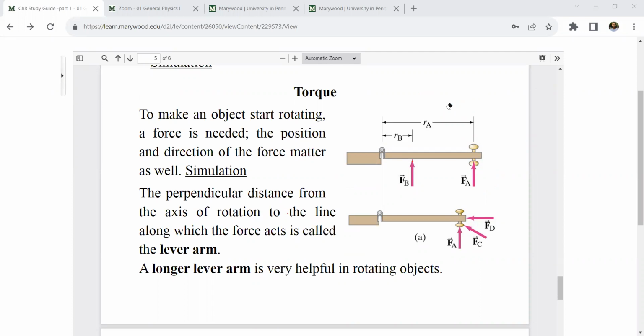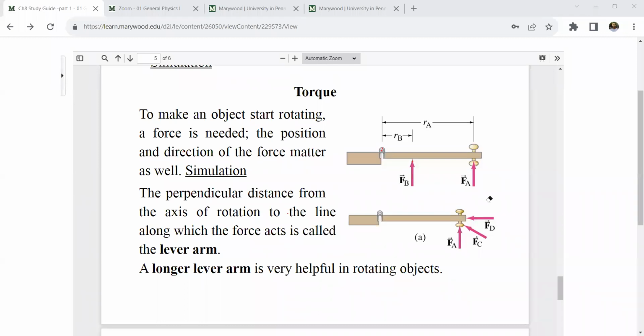If we apply the force somewhere here, we can rotate the door efficiently. So from that we define a quantity called lever arm, and lever arm is the distance from the axis of rotation to the point where the force is applied.